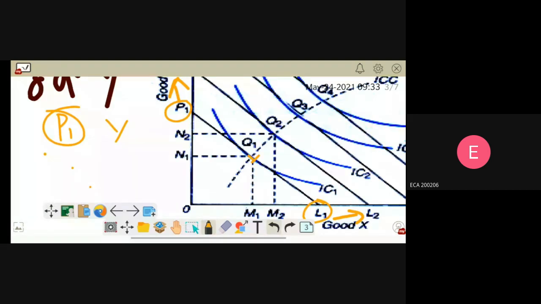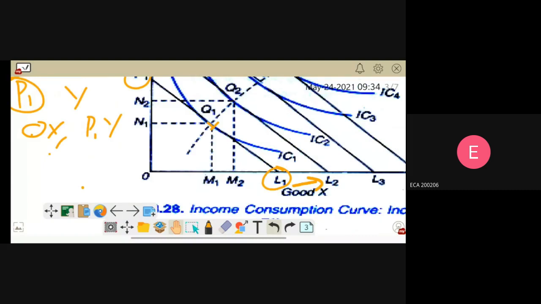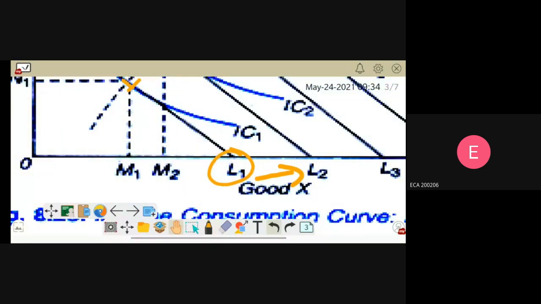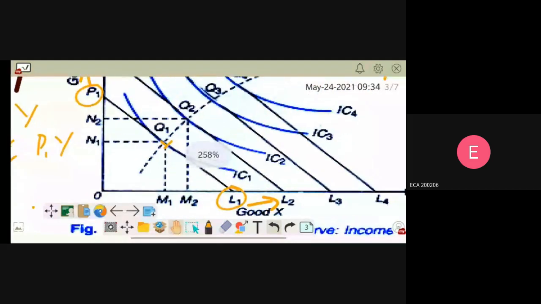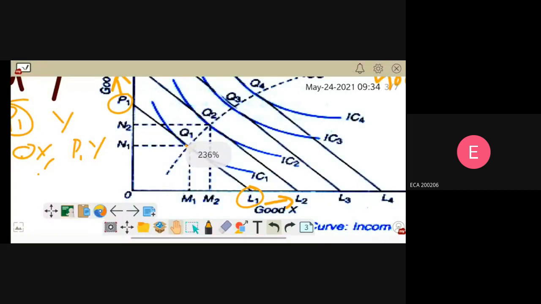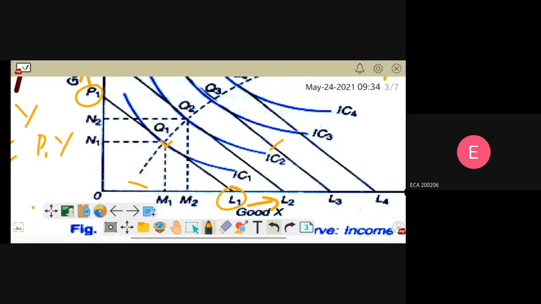So he will buy a zero quantity of X, but P1 quantity of Y. And if the consumer is not buying any quantity of Y, but spends all his income on X, then he will be able to buy L1 units of good X. If we connect these two points, P1 and L1, we get the budget line. So this is the budget line, P1 L1.